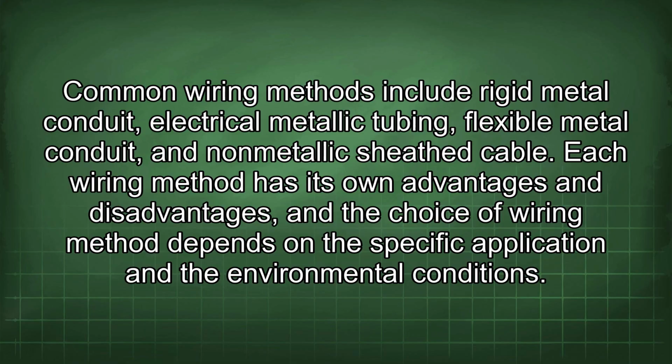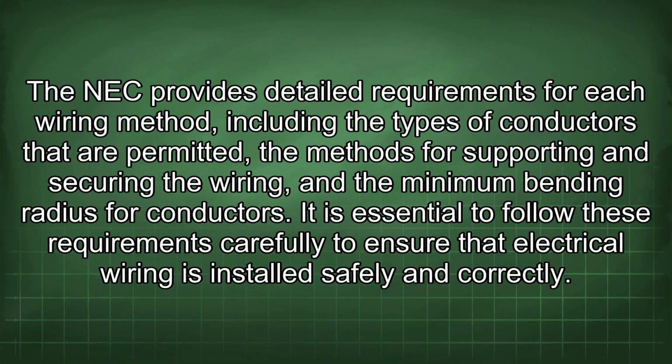Each wiring method has its own advantages and disadvantages, and the choice of wiring method depends on the specific application and environmental conditions. The NEC provides detailed requirements for each wiring method, including the types of conductors that are permitted, the methods for supporting and securing the wiring, and the minimum bending radius for conductors. It is essential to follow these requirements carefully to ensure that electrical wiring is installed safely and correctly.